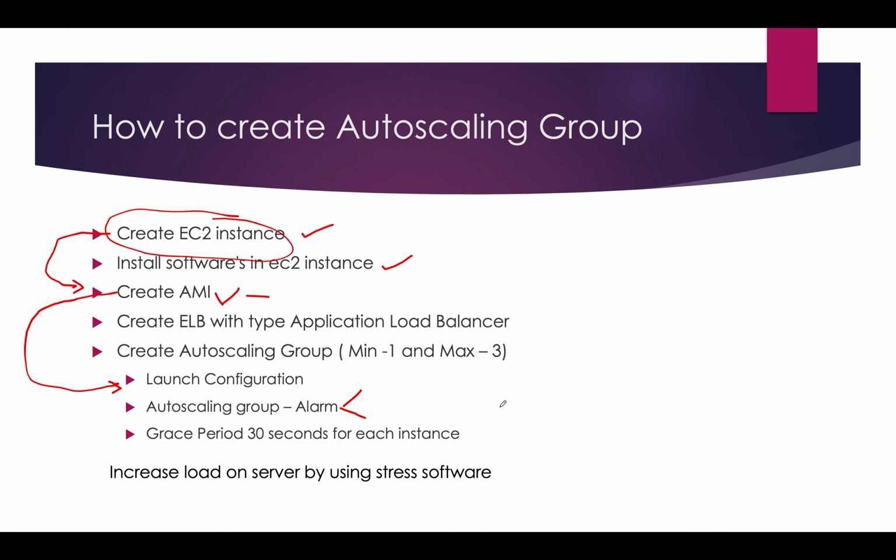Whenever you do this action, utilization will go up to 80% within 5 minutes. It's not only 80%, it depends on whatever CPU utilization you set, so you can increase or you can decrease.